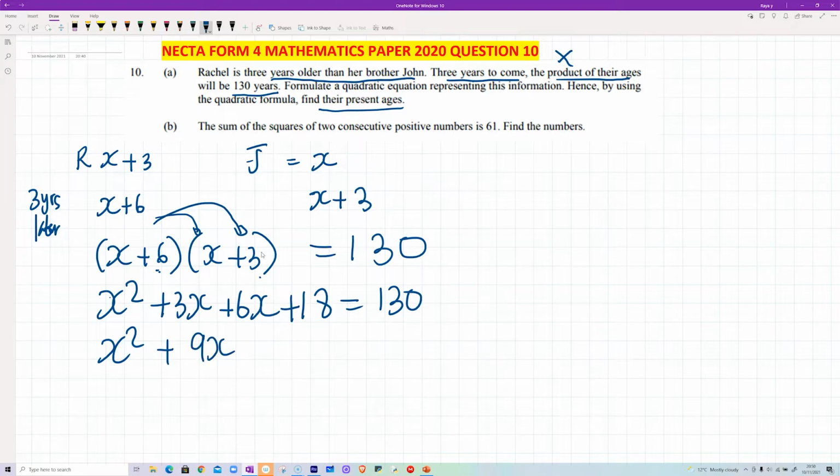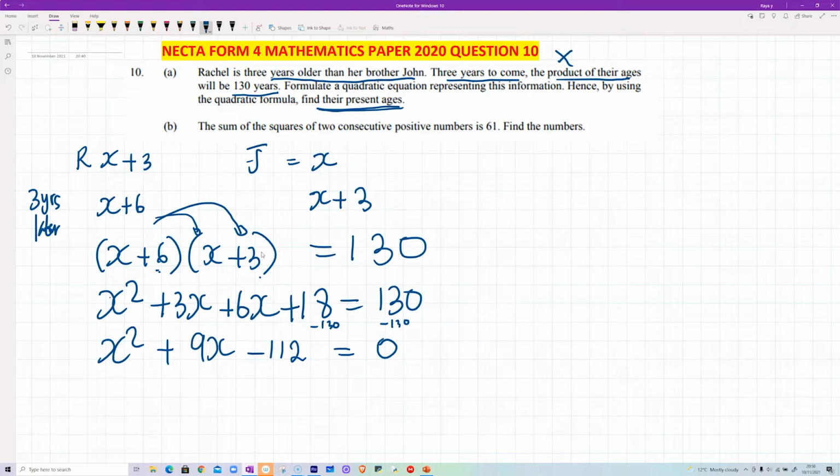We want one side to be 0 because we need to solve it later on. So we're going to take away 130 on both sides so we can have a 0 on this side. So plus 18, take away 130, will give us minus 112. And this is now 0 on this side.